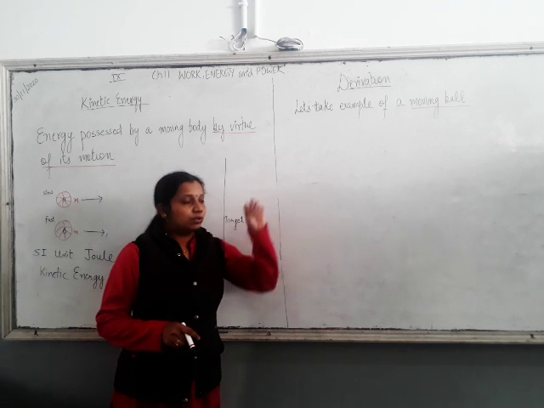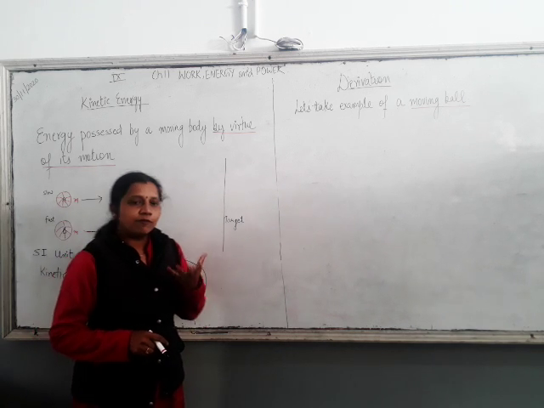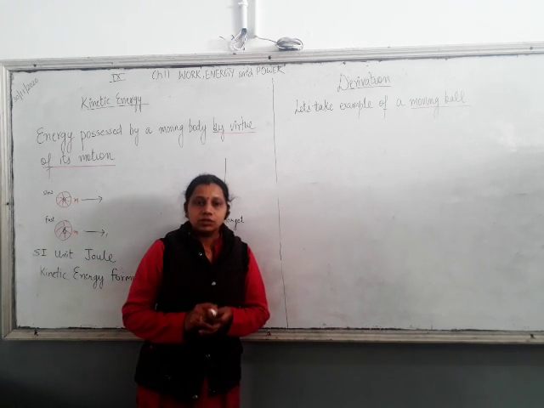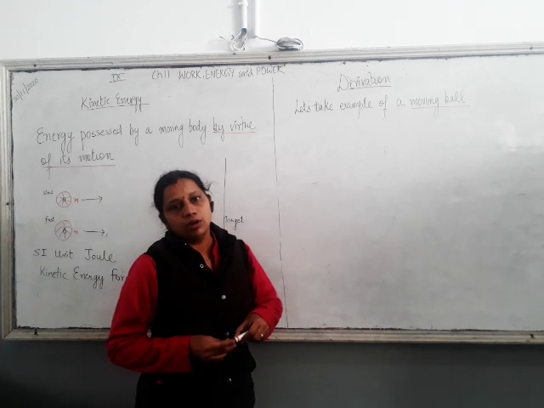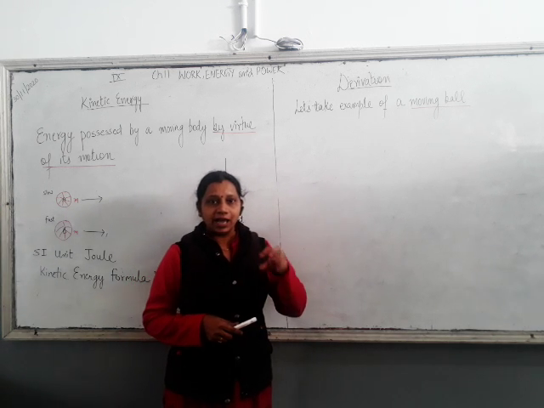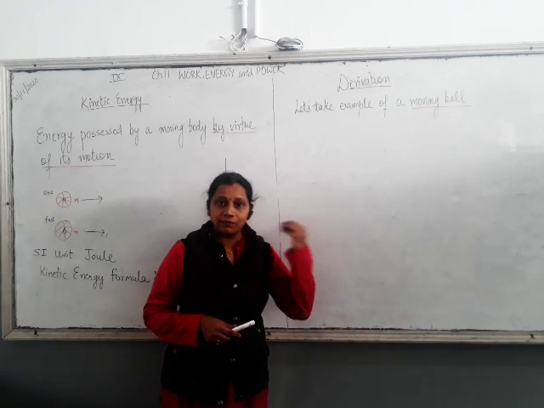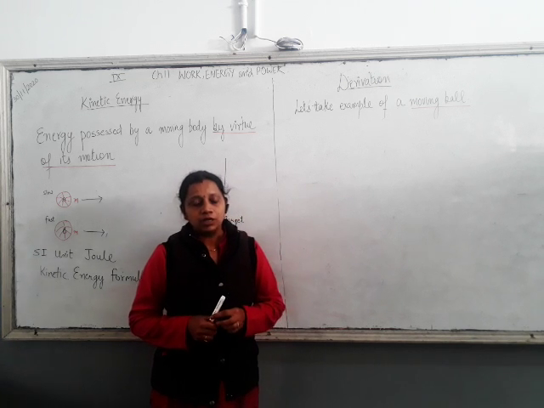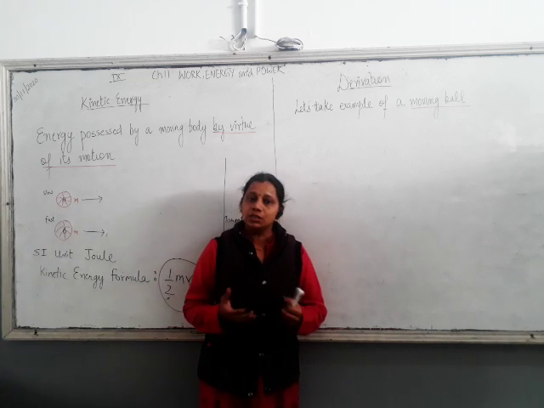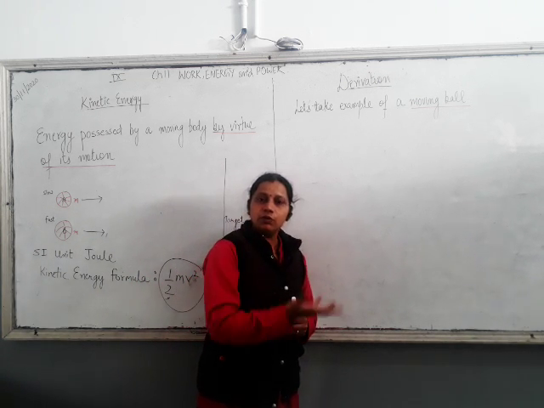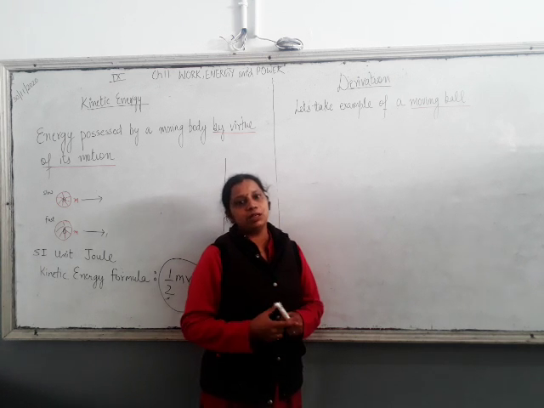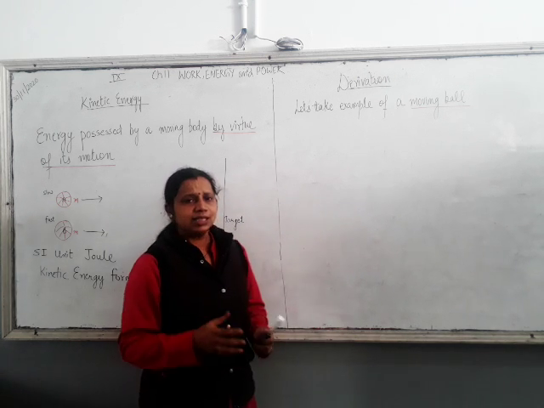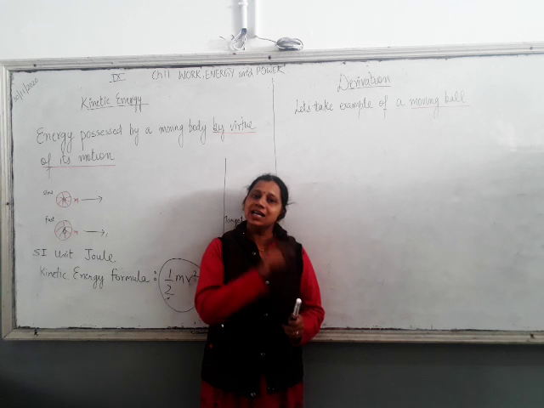To do this derivation, we will take the example of a moving ball. When you are kicking a ball, you are applying some force, or you can say you are doing some work on that ball. Now you know work done is the force you are applying times the displacement of that object. Let's say this moving ball has mass m.